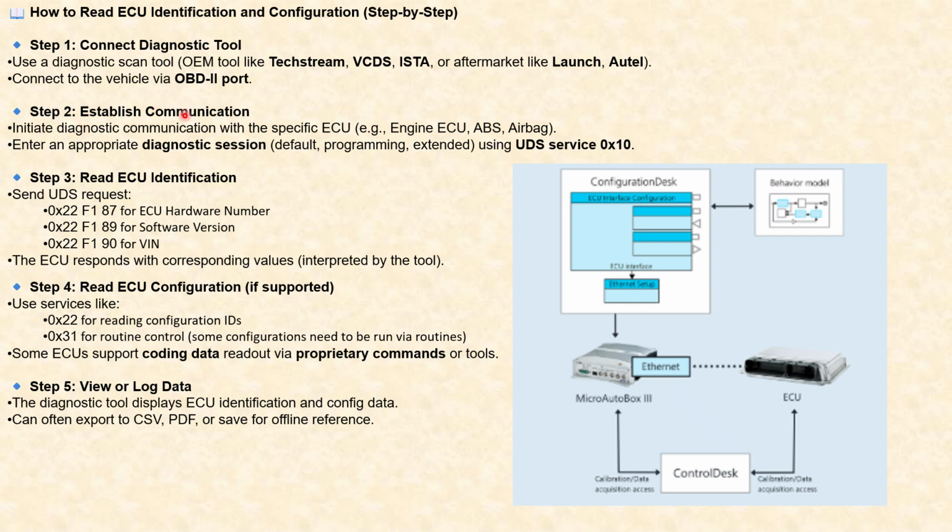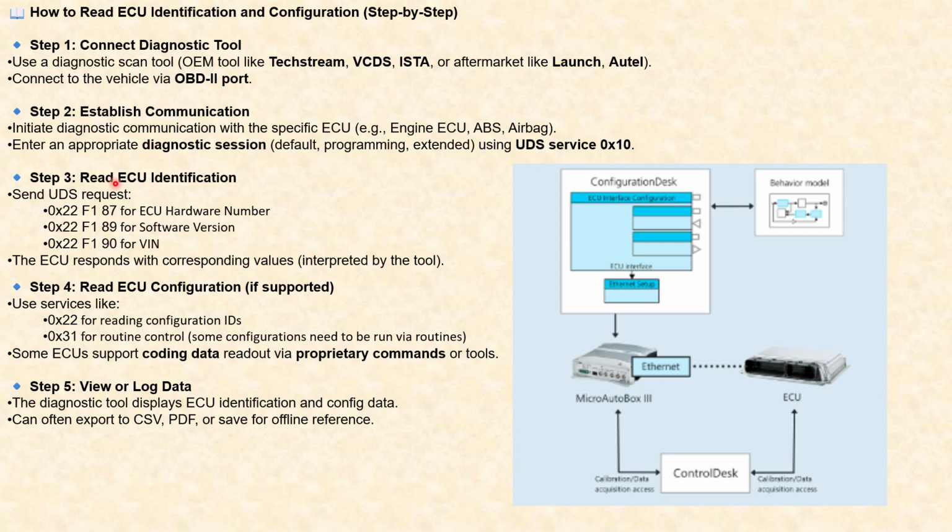Connect to the vehicle via the OBD port. Establish communication: initiate diagnostic communication with a specific ECU, such as engine ECU, ABS or airbag, and enter an appropriate diagnostic session, whether default, programming or extended, using the UDS service.